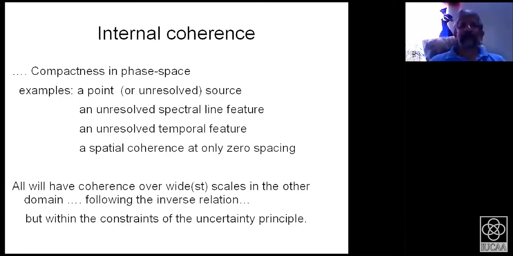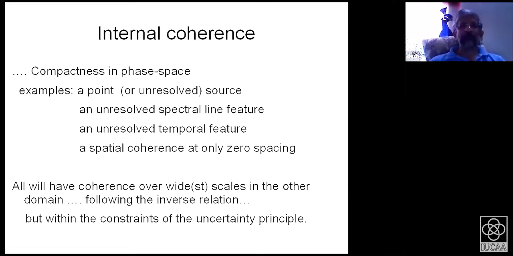As we said, it's a compactness in phase space. Ready examples you already know. For example, if you have a point source or unresolved source in the sky, you will find that the wavefronts emanating from it, which are basically spherical wavefronts, in the approximation allowed by the fact that we are at a long distance from the source, we can approximate to be a plane wavefront for all practical purposes.